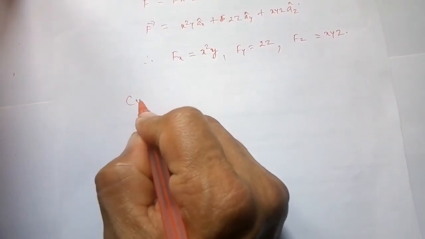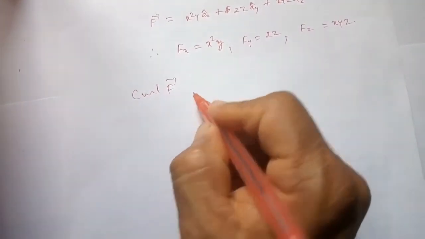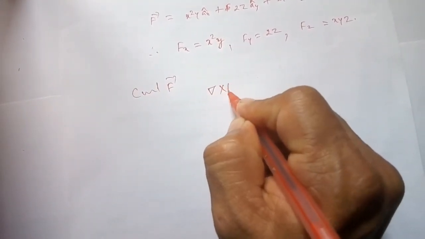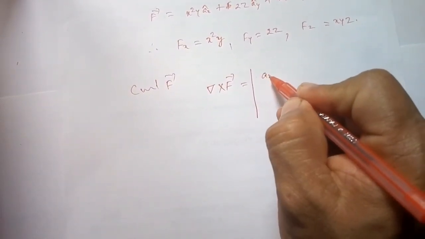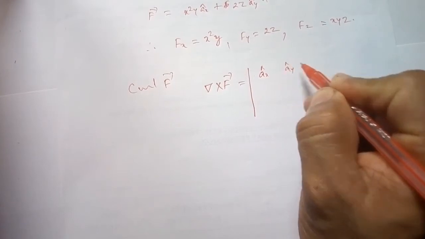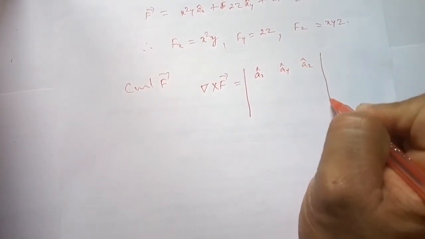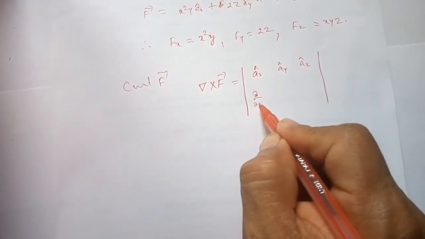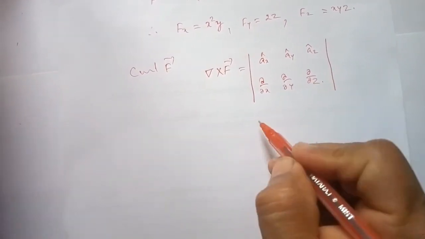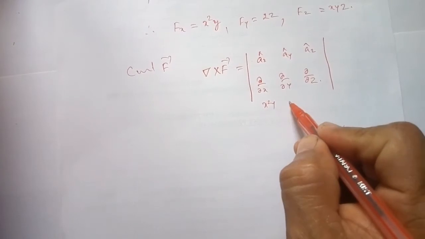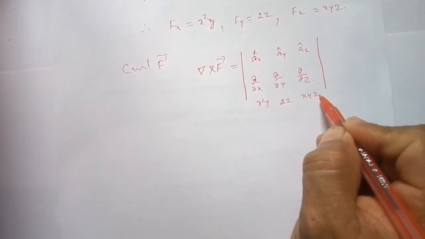So curl of F is given by del cross F is equal to the determinant: a x cap, a y cap, a z cap; dou by dou x, dou by dou y, dou by dou z; x square y, 2z, xyz.